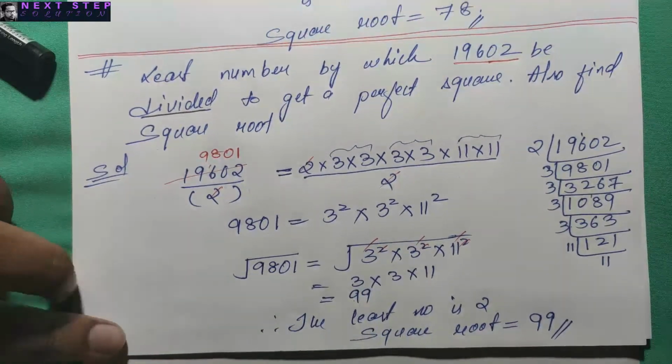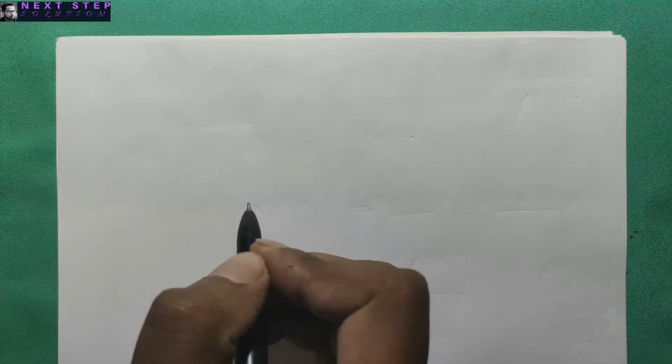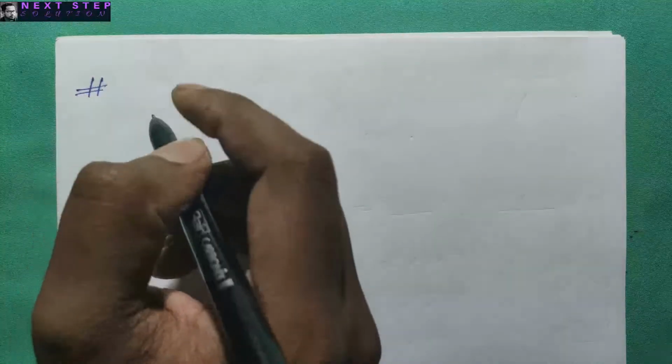Now furthermore, we have seen the least number to be multiplied and to be divided to make a perfect square. Now we shall see the least number to be added and to be subtracted.